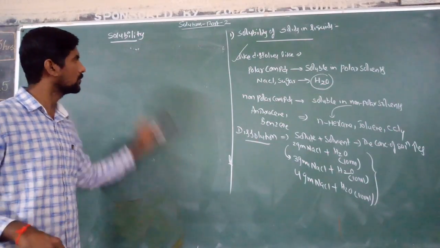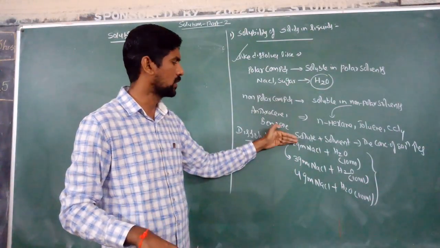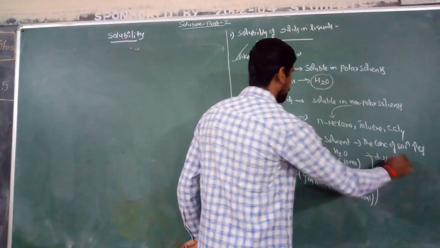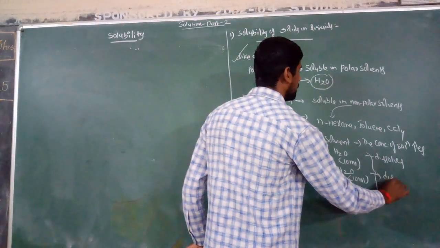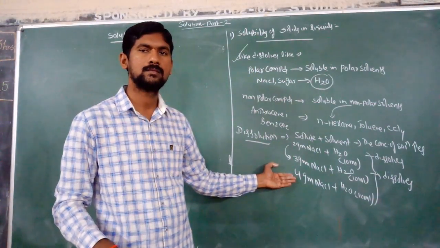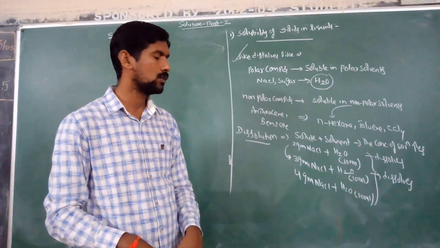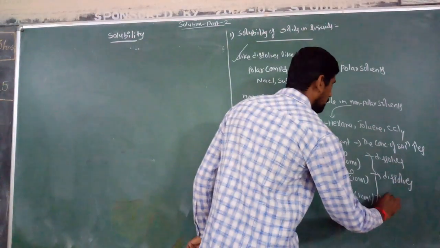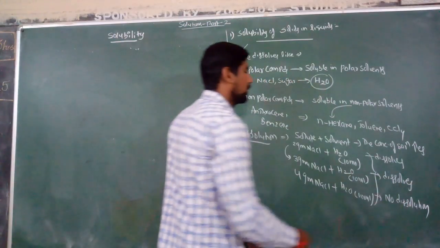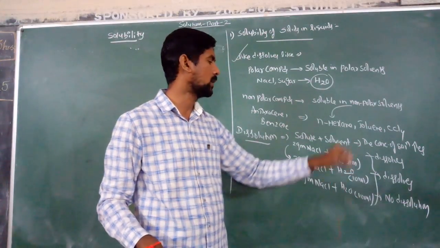If you continue to add the solute to solvent, first 2 grams of NaCl added to water dissolves. 3 grams of sodium chloride is also added to water, dissolves. If you continue to add, then after 3 grams, if you add 4 grams of sodium chloride to water, there is no dissolution. 2 grams and 3 grams are completely soluble.